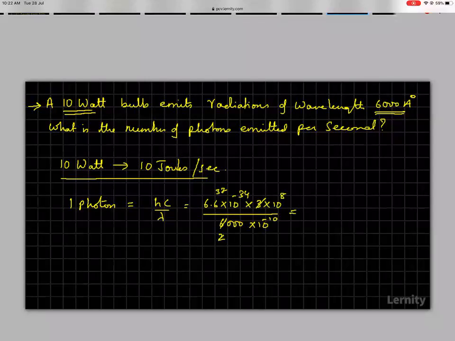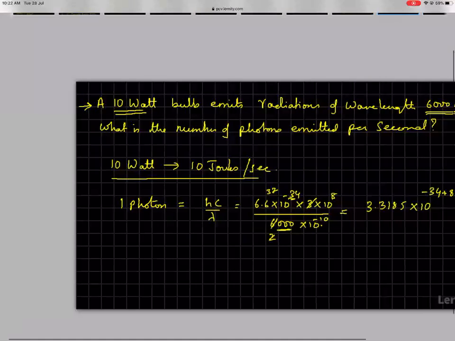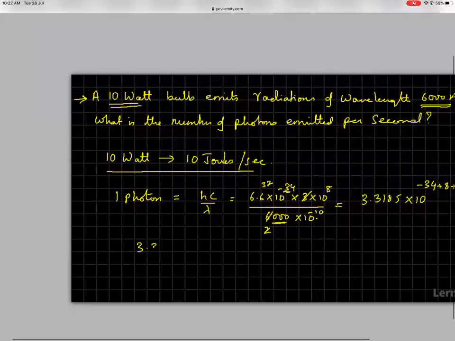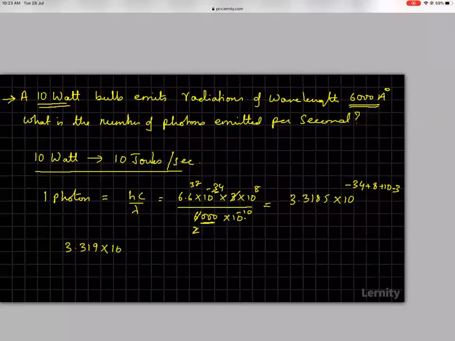So it is becoming 3.319 into 10 power minus 34 plus 8, that is minus 26. Then 6000 in the denominator is 10 power minus 3 going up, so it becomes plus 3, giving 10 power minus 19. This is the energy in one photon.